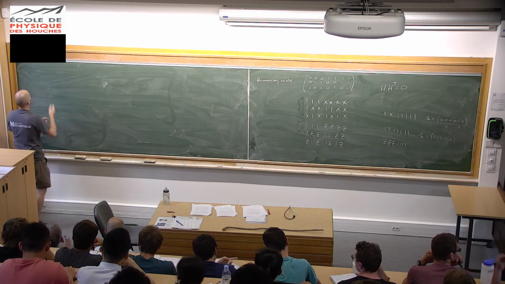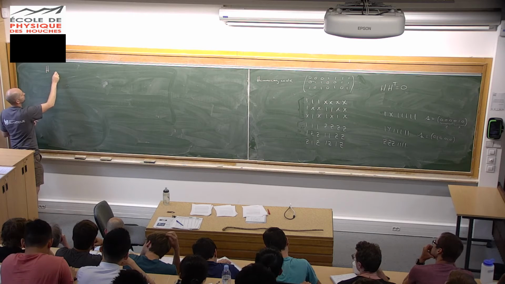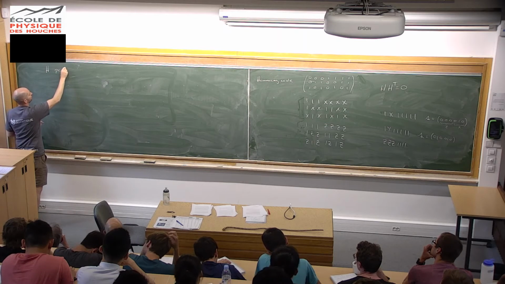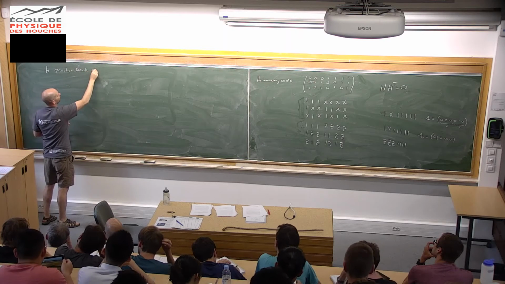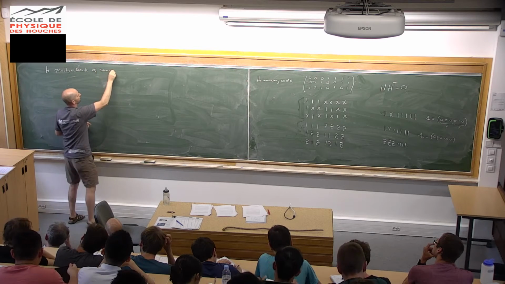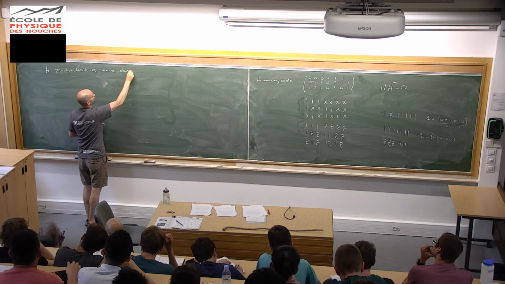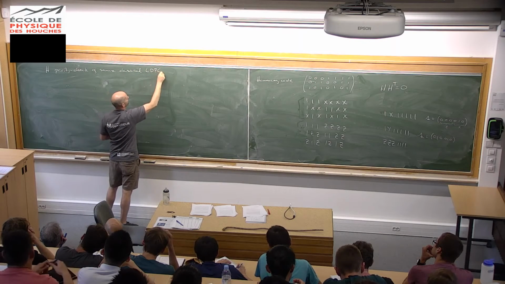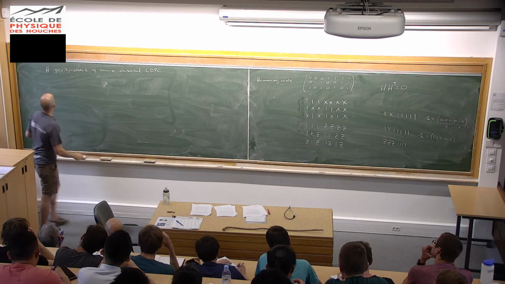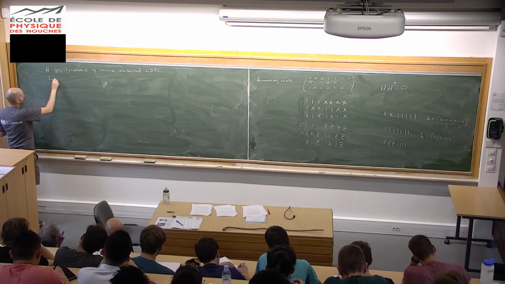So pick H, some parity check of some classical LDPC code. It has a large distance.